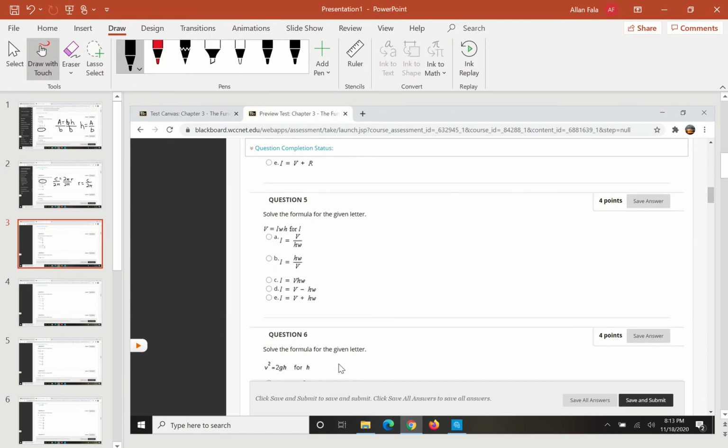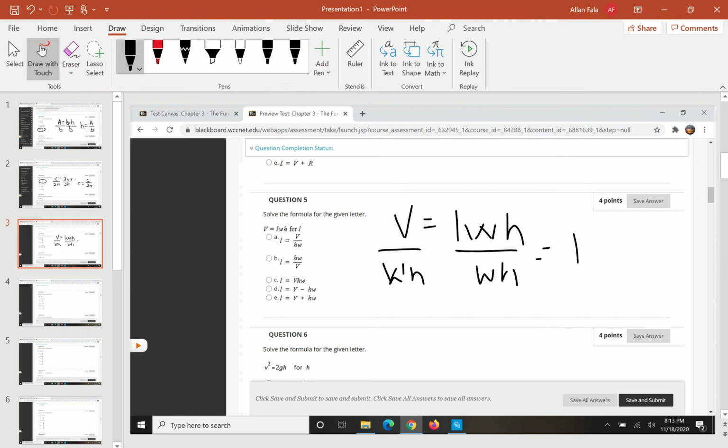Question number 5, V is equal to L times W times H. We want to find for L, so we'll divide both sides by WH. That leaves us with L is equal to V over WH.